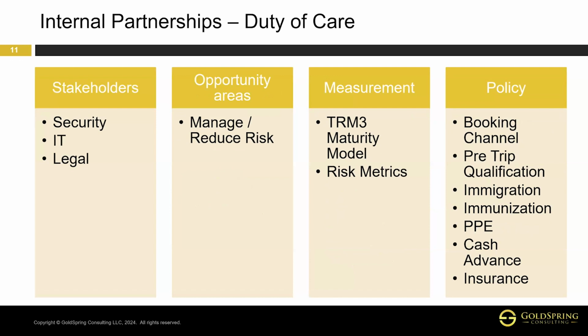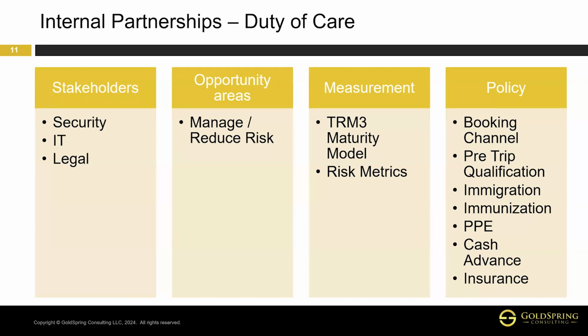And then duty of care, right? So we know most about this. I'm going through this very quickly, but what would we like to see in the policy? Better control on the booking channel or bringing in data from outside booking channels, better pre-trip qualification that will be outlined in the policy, looking at the immigration and visa requirements, making sure that those are reimbursable.